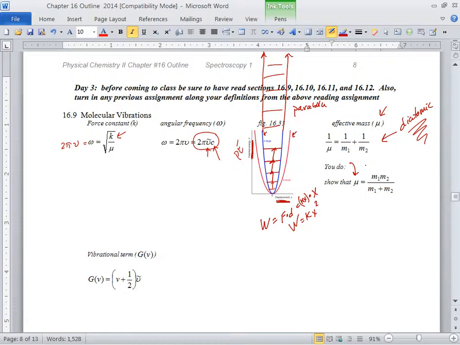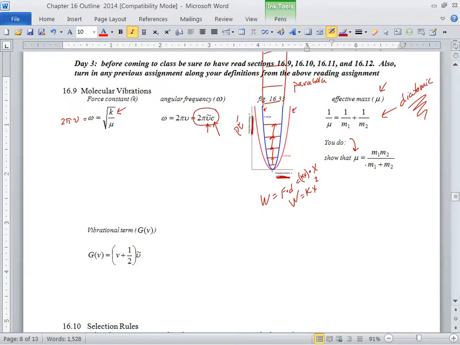Okay, so vibrational terms. What's the energies of these vibrational states? And it's expressed in wave numbers, not in joules. The big hint, I think, is here's a wave number symbol, and then V is just a what? Is that the same V we had before?